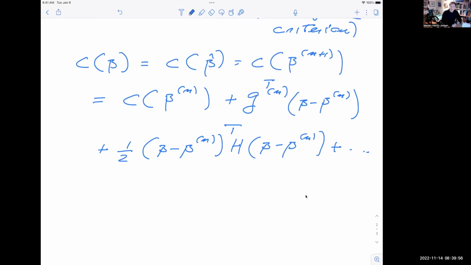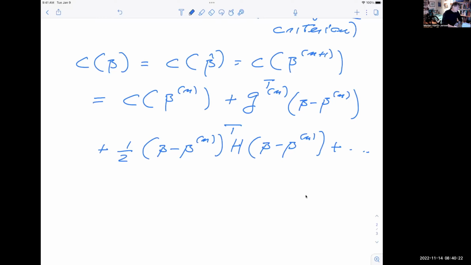Now, what is common to do is to truncate to second order. Because if we go to third order, we need the third derivative of the cost function, and that will involve many more complicated operations, and we would like to avoid that. So we're going to truncate the Taylor expansion at the level of the second derivative.